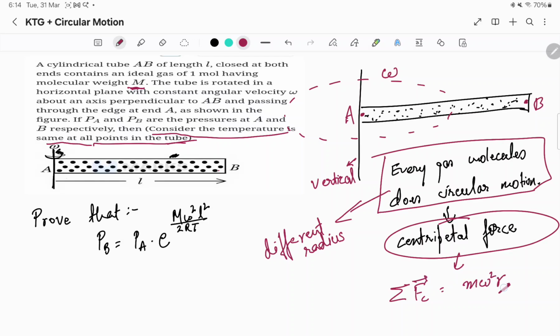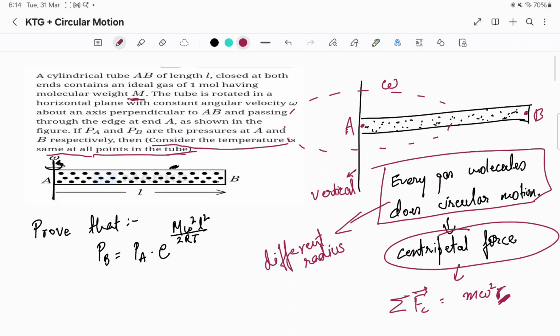But here r is variable. That means we have to apply integration in this question, because we cannot directly apply this formula. So let us proceed with this thought.